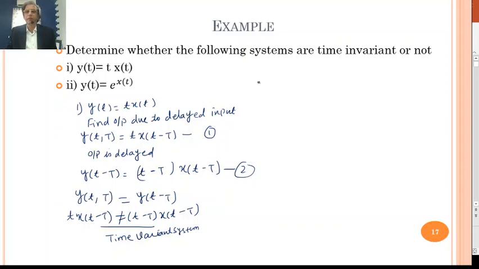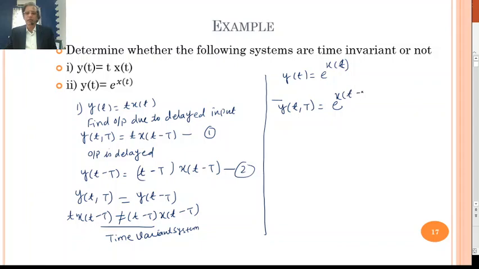The second example: y(t) = e^x(t). First find the output due to the delayed input, that is y(t) = e^x(t-T), and the output delayed means y(t-T) = e^x(t-T).